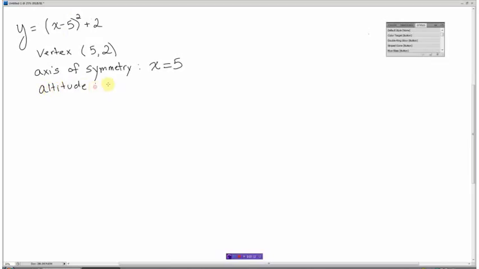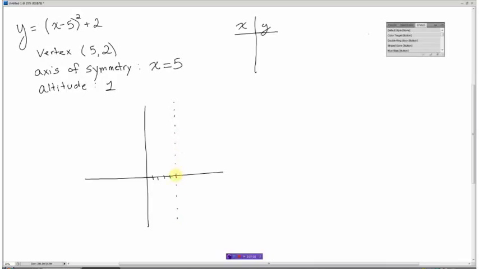Okay, so now that we've got that, altitude, as you know, is 1. So, when it comes to getting your other points, I always go to an x, y chart. Now, as you know, this graph is going to be symmetric at 5. So if I'm looking at my graph, at x equals 5, I'm going to just draw in my axis of symmetry here, dotted.